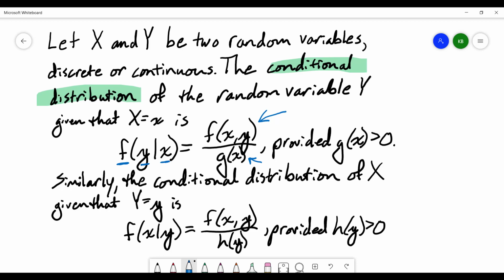Similarly, if instead I fix y and say y became this given value, so what's the probability of a certain x value occurring now? I take my joint probability distribution and I'm going to divide it by the marginal distribution of y. And conditional distributions work the same whether or not the random variables that we're working with are discrete or continuous. So you only have to remember this one idea for conditional distributions.